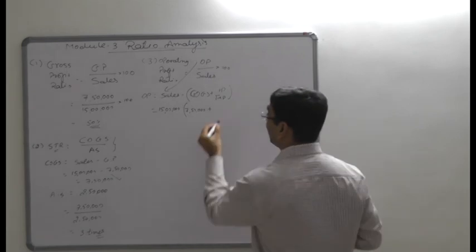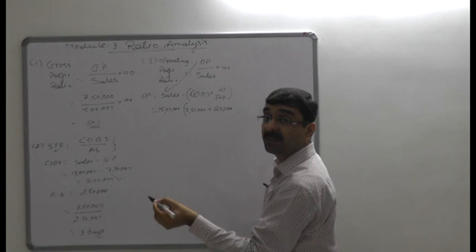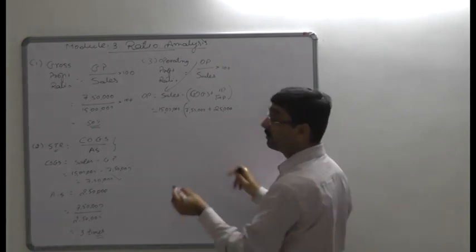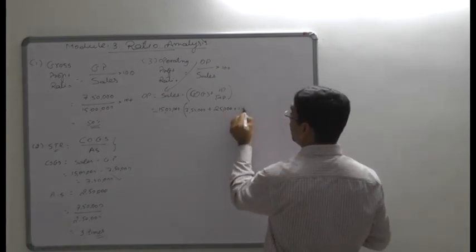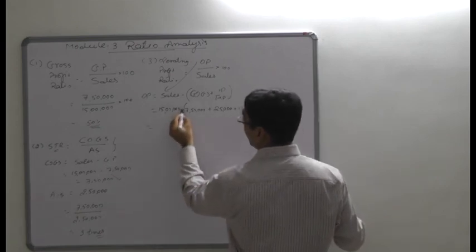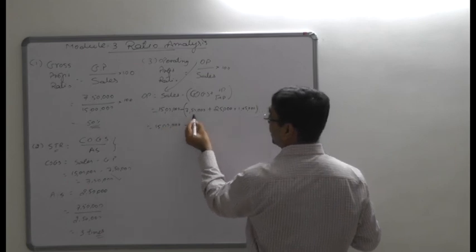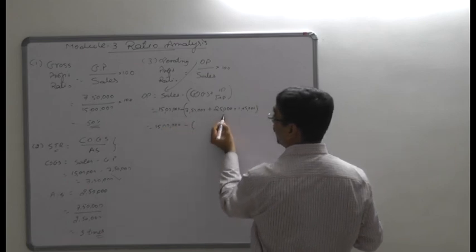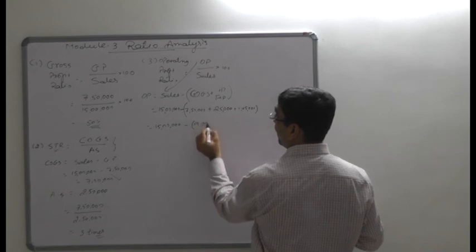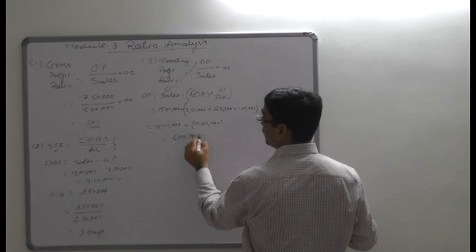The remaining admin expense is only 25,000. Selling and distribution expenses remain the same, 1,25,000. So now 15 lakh minus 7,50,000 plus 1,50,000 comes to 9 lakh rupees, and that's why your operating profit comes to 6 lakh rupees.